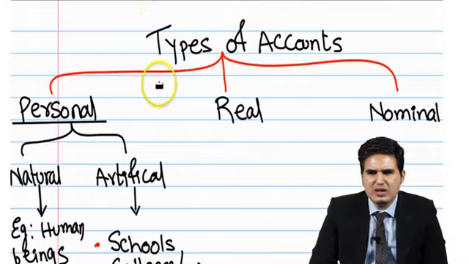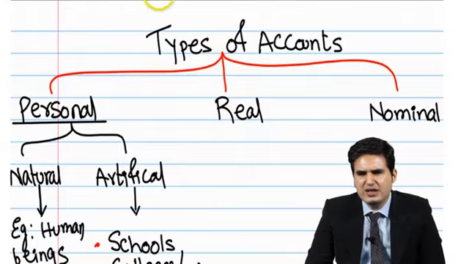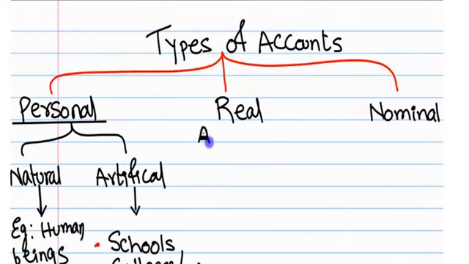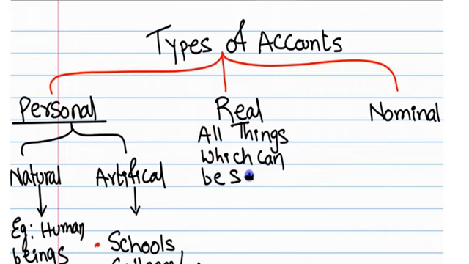What does a real account include? Real account will include all things which are actually there, which are really there. All things which can be seen with our eyes, which can be touched and which can be felt.